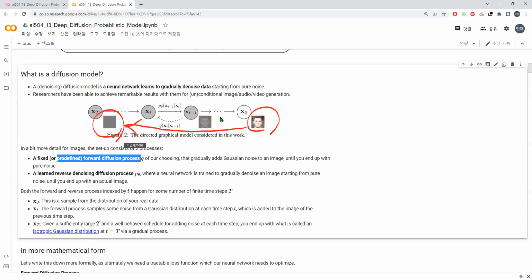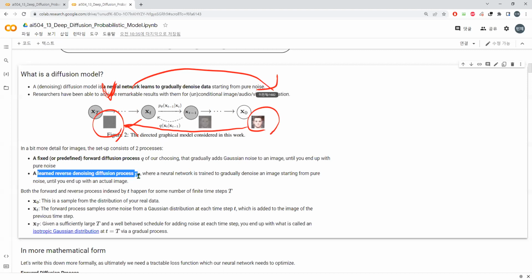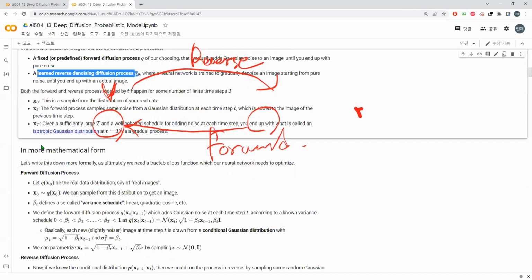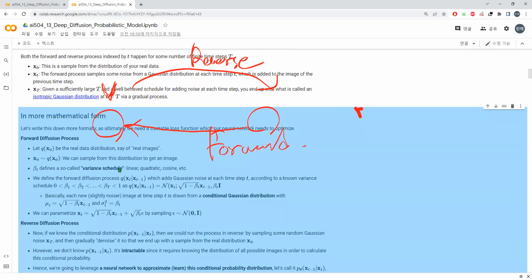And the learned reverse denoising diffusion process is where a neural network is trained to gradually denoise an image, starting from pure noise until you end up with an actual image. So this is reverse, this is forward. Cool. In more mathematical form.